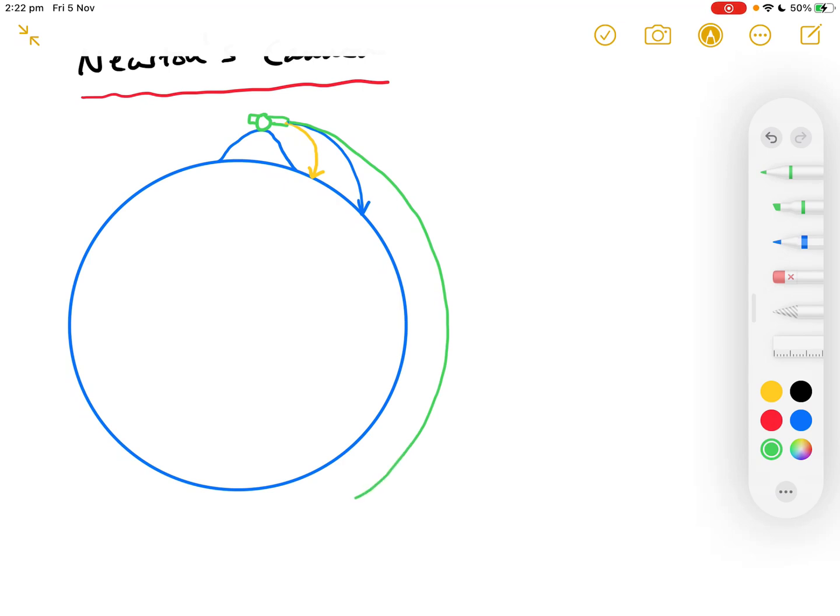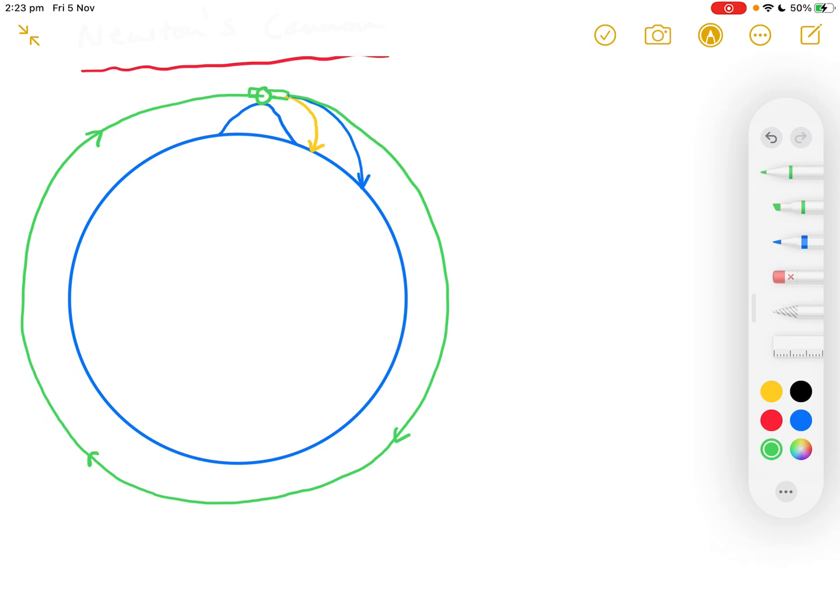And that circle would have a curvature which matched the curvature of the Earth, and that therefore the projectile would go in a circle as shown, and it would come right back round, essentially to hit the back of the cannon, like so.